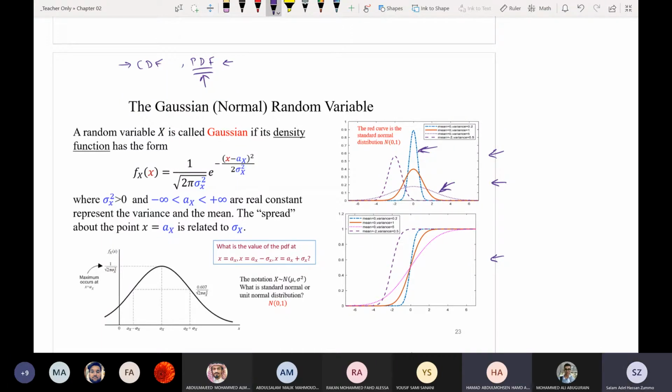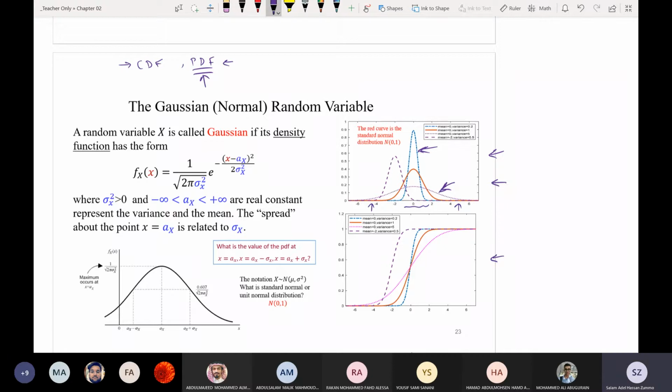ممتاز. يعني تشوف إنه في الديستريبيوشن الأزرق الراندوم فاريبل اللي الدنسيتي حقته الزرقاء هذه, most of the values of x are distributed among these values around the zero. تقريبا من 1 إلى -1. معظم التركيز, most of the probability lies here between -1 and 1. الvalues اللي أكثر من 1 وأقل من -1 have almost zero probability. بينما العريض هذا, you can see that the probability of 1 is distributed among a larger range, فتلاقيه يوصل إلى 6 وإلى -6 إلى 5 و-5 وإلى الآن لسه ما صار زيرو probability.